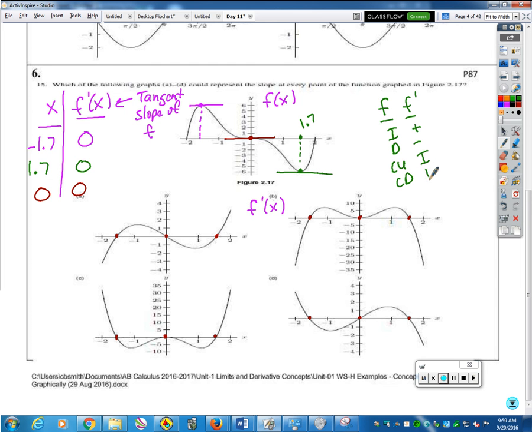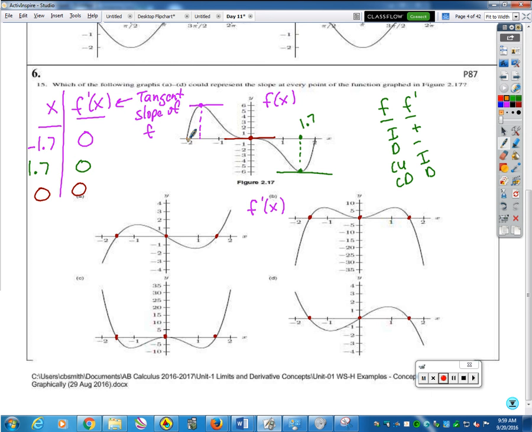I need a volunteer. It's easier for me to kind of ask questions. Deborah. Look at F, Deborah. I don't care where you're looking. Just pick some part of F that's either increasing, decreasing, concave up, concave down, your choice. Like -2 to -1.7.